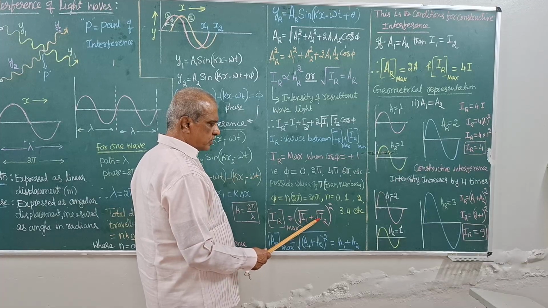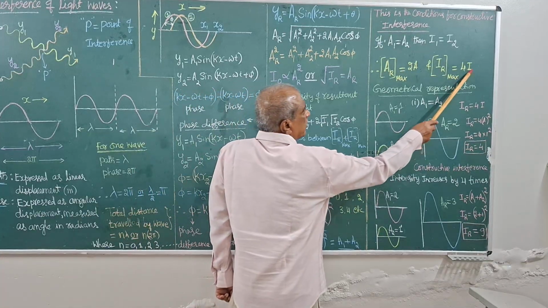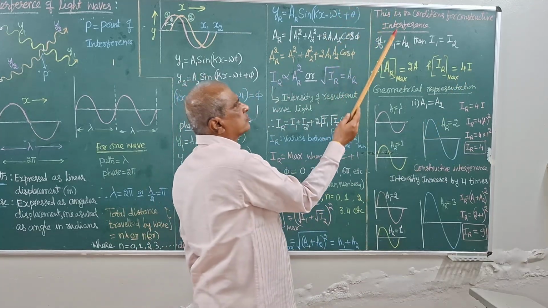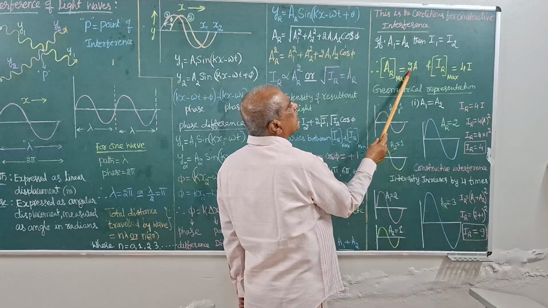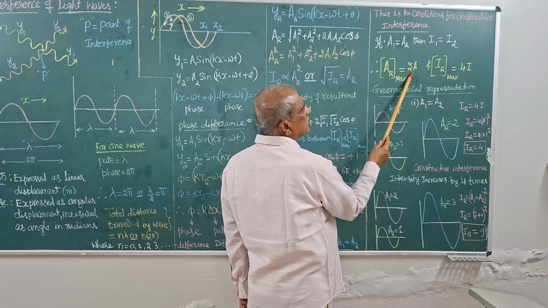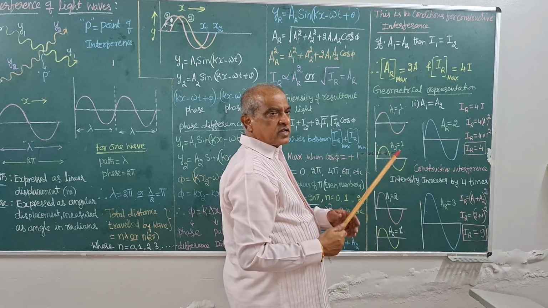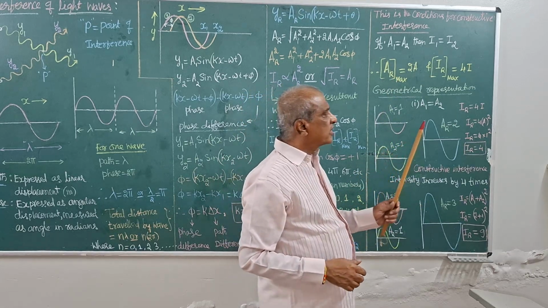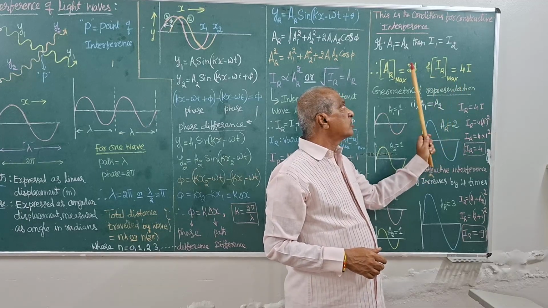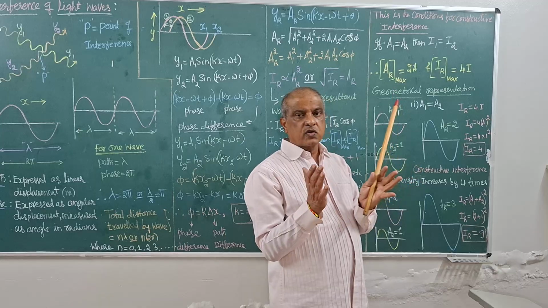Root I means 2 root I. Whole square is there, it becomes 4I. What does it say? The resultant amplitude is increased by twice if they have the same amplitude, and the resultant intensity is increased by 4 times if they have the same amplitude, when two waves undergo constructive interference.